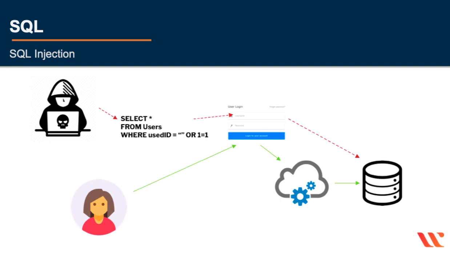So this is how SQL injection works. For example, you have a login form on the internet, a typical login form with a username and password. A regular person would usually type in their username and password, press login, and that would authenticate the user and provide access if successful. Now a hacker can come in, type in some SQL code directly in the form itself, and bypass the authentication and authorization, and the database will automatically authenticate the person, because in this case they're doing select star from users where user ID equals blank or 1 equals 1.